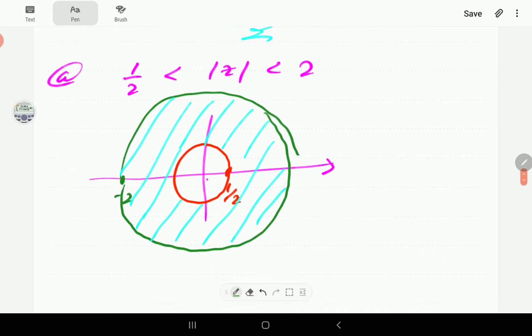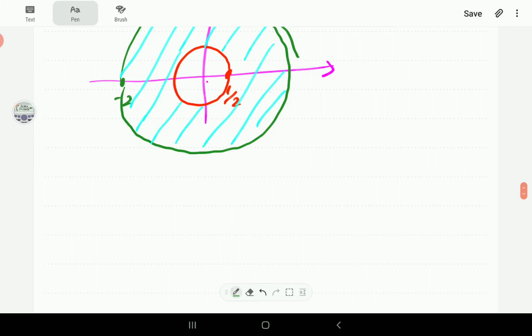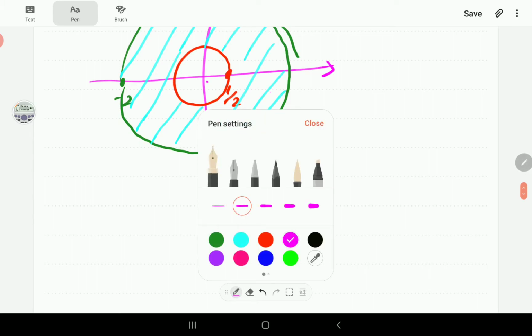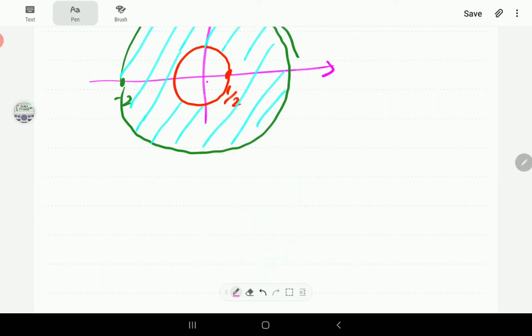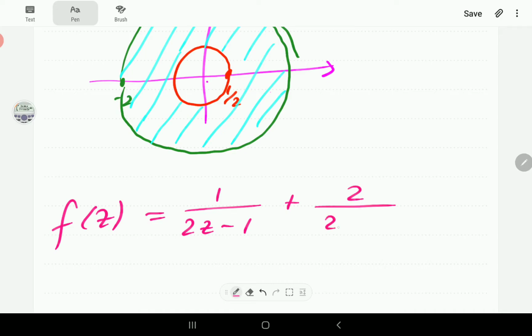Okay, so the way this is going to work is as follows. If you check our previous video, what we said is that if we're looking for the region inside a circle, we factor out the constant.